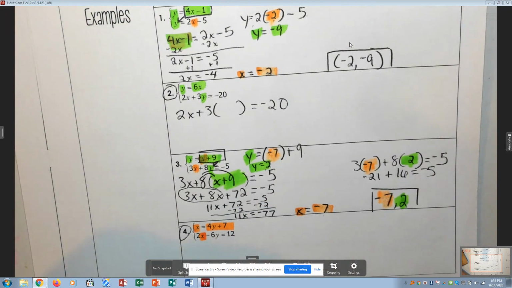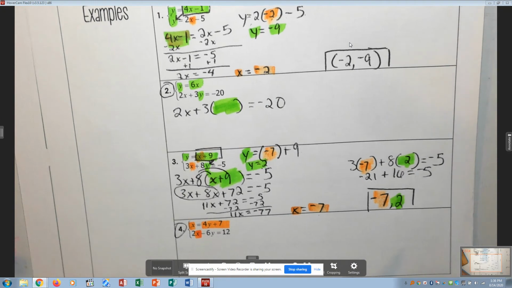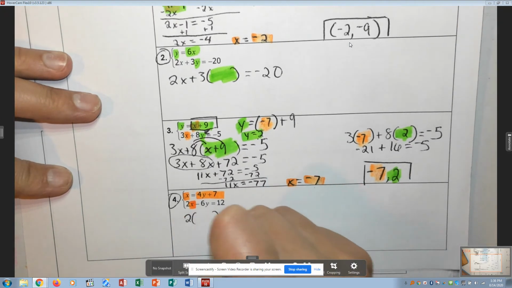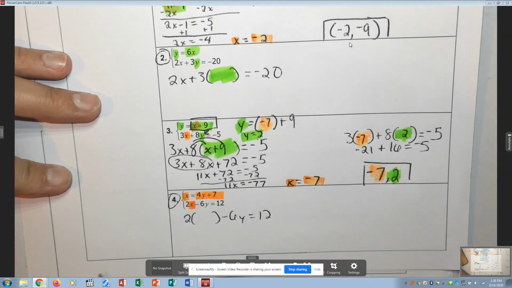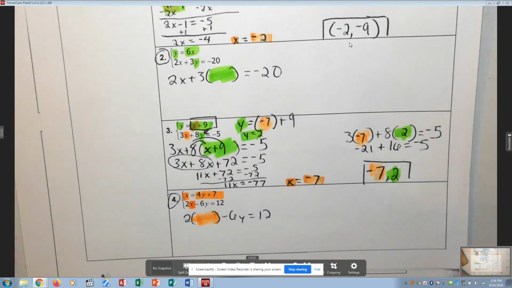So you need to plug in what y is equal to here and solve. Now at the bottom one, 2x minus 6y equals 12. So you're going to take what x is, the expression, and plug it here. All right, go ahead.